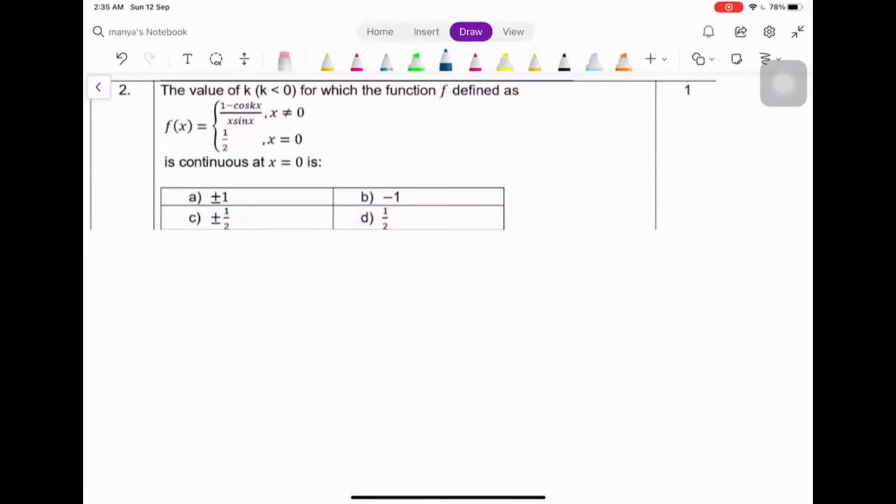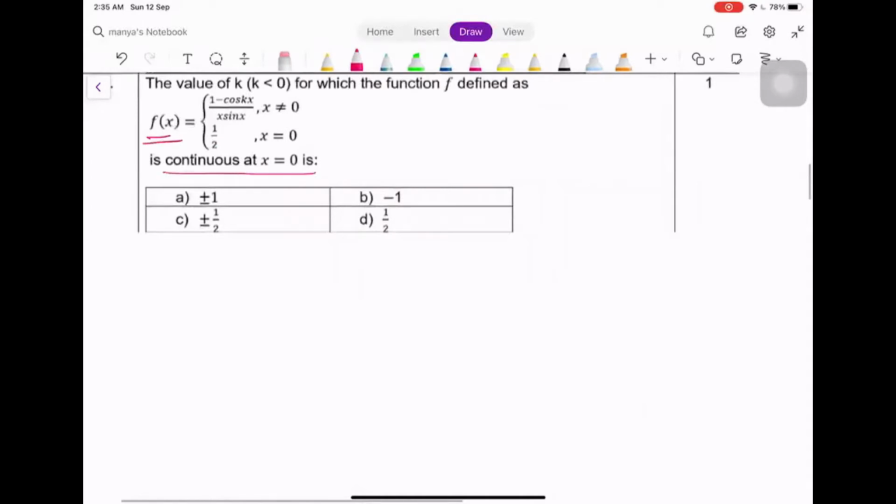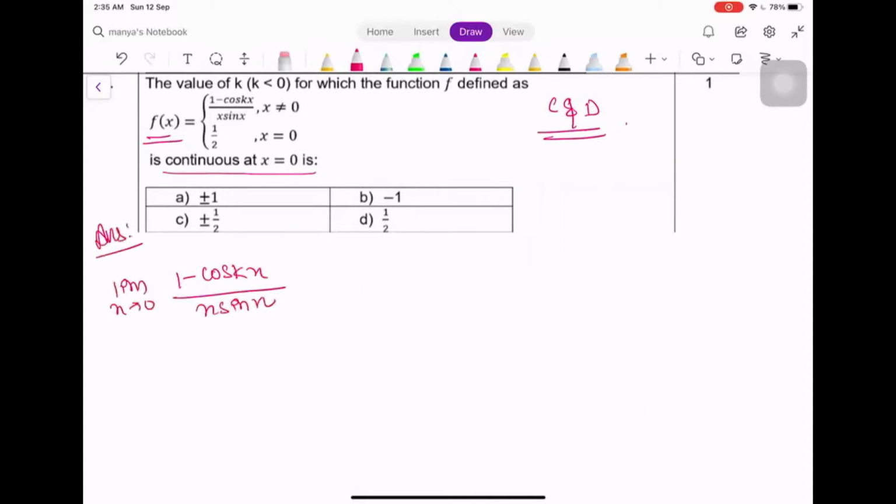The second question is a bit lengthy. No problem. It is given that this function f(x) is continuous at x equal to 0 for what value of k? We need to find the value of k. So this is from continuity and differentiability. So limit x tends to 0 of (1 minus cos kx) upon x sin x should be equal to half according to the question.